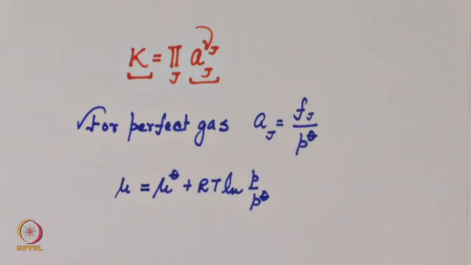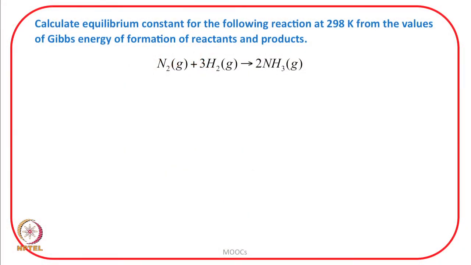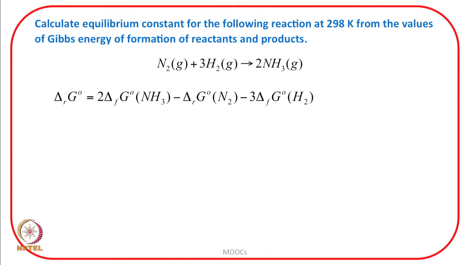And this we can actually demonstrate by taking one example. Let us take this example. Calculate equilibrium constant for the following reaction at 298 Kelvin from the values of Gibbs energy of formation of reactants and product. The reaction is nitrogen plus 3 hydrogen forming 2NH3. And as we discussed earlier, we can get the standard reaction Gibbs energy from the values of the standard Gibbs energies of formation.